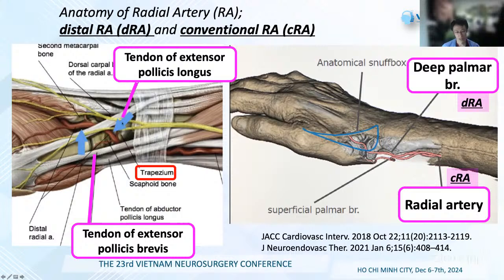Inside this you can palpate the radial artery and puncture this artery. This artery is a distal branch of the main trunk of the radial artery, and this branch is called the deep palmar branch.